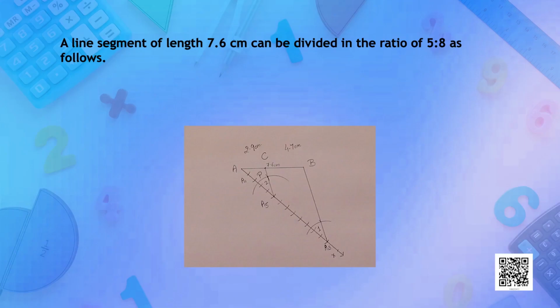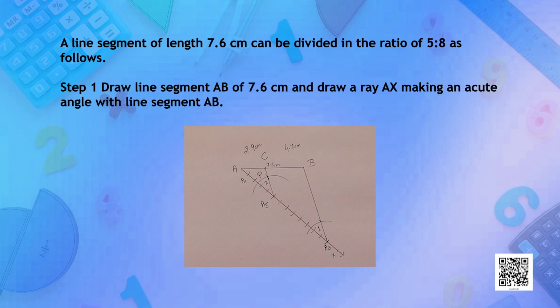So, students, let us see how to write steps of construction. We have to divide a line segment of length 7.6 centimeters in the ratio 5:8. We can write the step as: first step, draw line segment AB of length 7.6 centimeters.